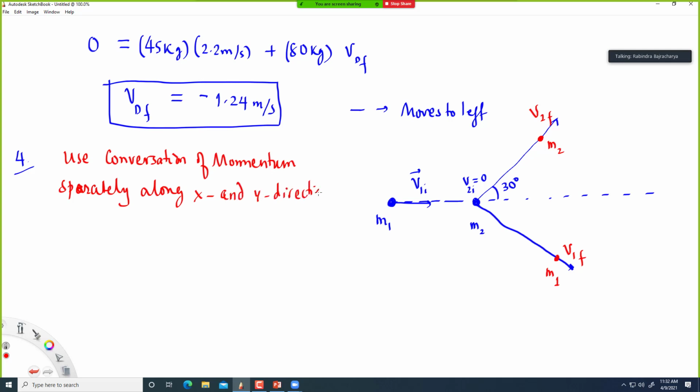So for that, let's define the coordinates. So this is y-axis. Choose the object that is at rest as an origin. Okay, so this is origin. So this is our x-axis, and that's our y-axis.